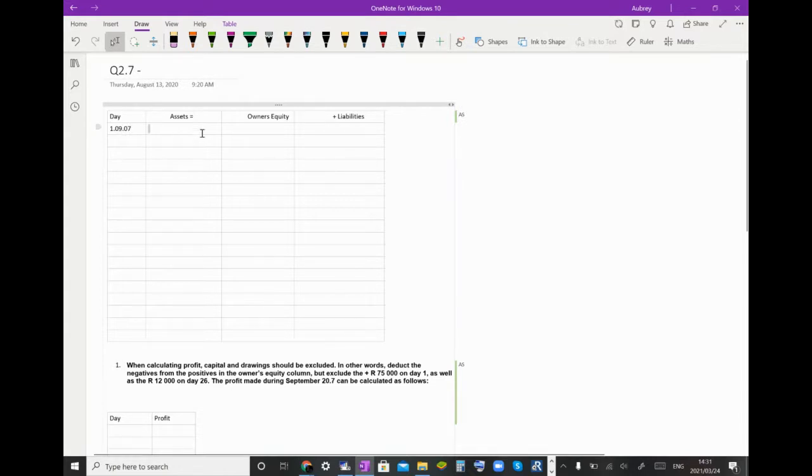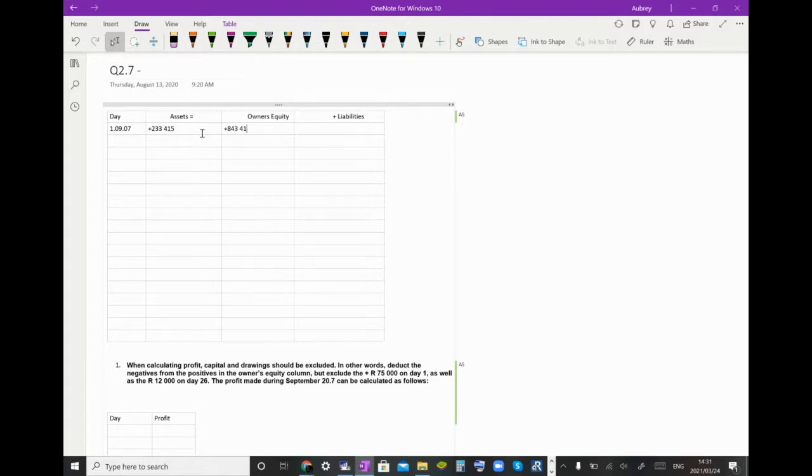Okay, and the assets was how much? Somebody tell me. 415. Okay, and liabilities. Oh, wait. 83,415. All right, plus liabilities is 150,000. Sorry, I'm not that fast. 83,415.